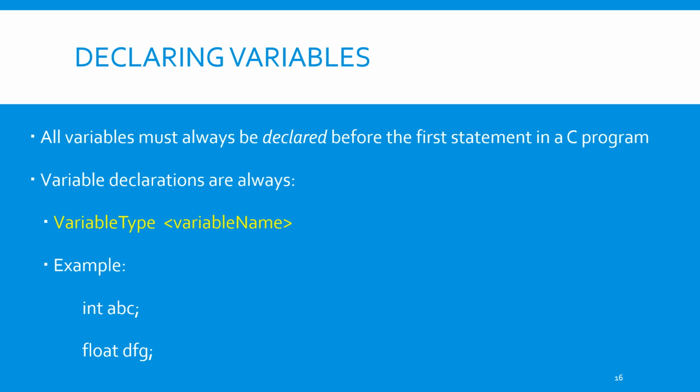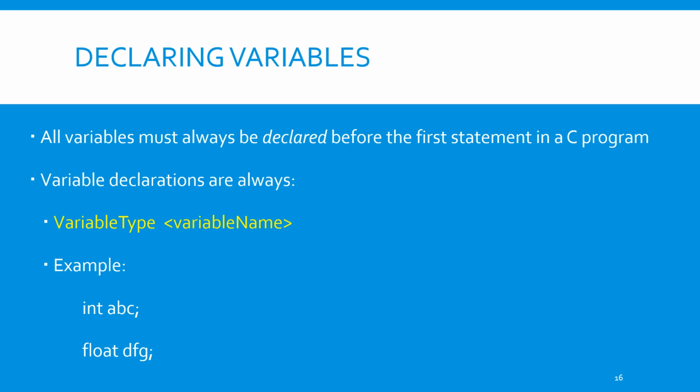Continuing, let us see how to declare variables against each of the data types that we have seen just now. The syntax is variable type, variable name. Variable type can be any of the variable data types that we have seen: character, int, float, or double. And against the variable name, we can assign any name for the variable.